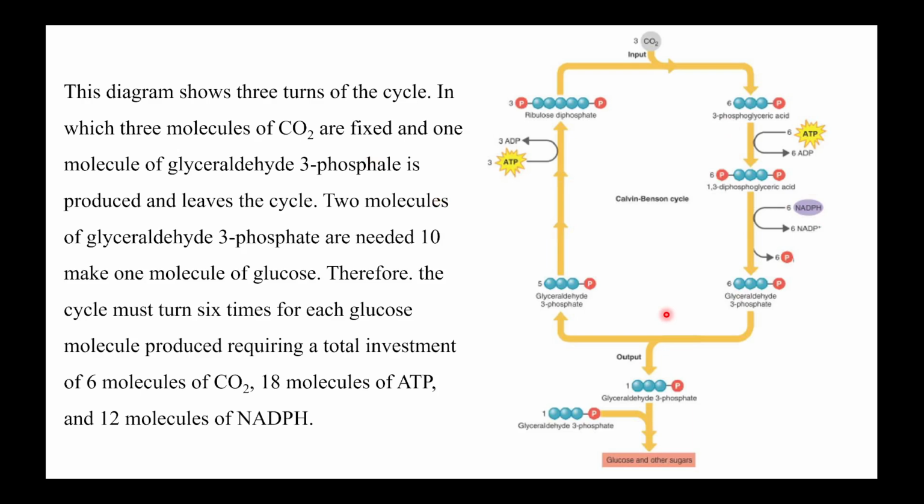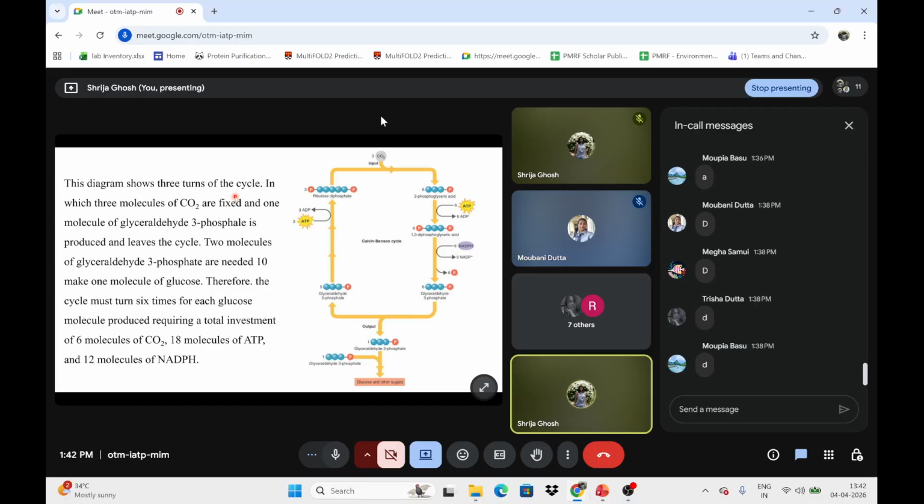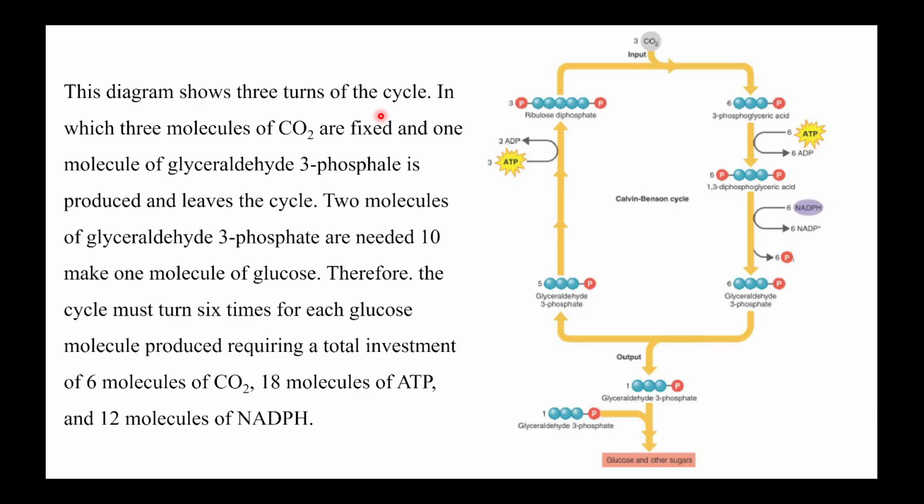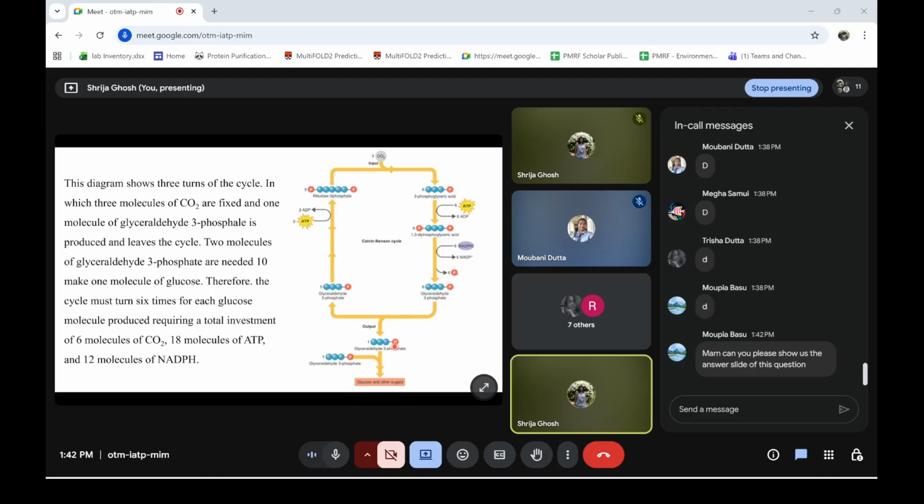Plants get their energy from light, right? So the energy used for these processes is ultimately sourced from light energy, basically sunlight. Okay, is this clear? So the final product of the Calvin cycle is glyceraldehyde 3 phosphate.